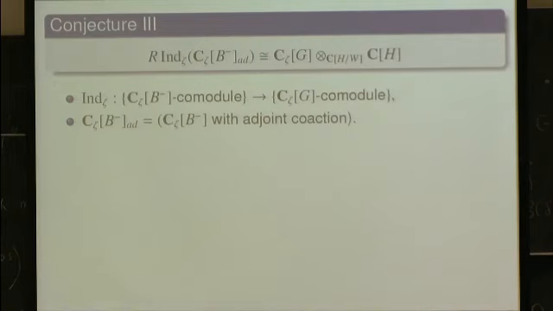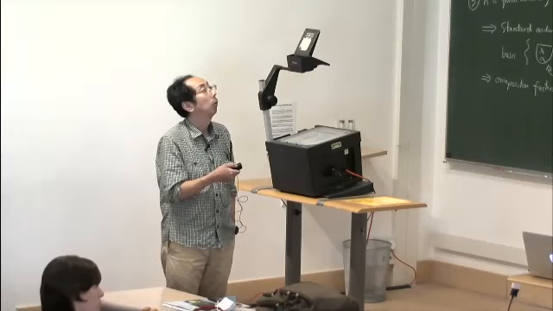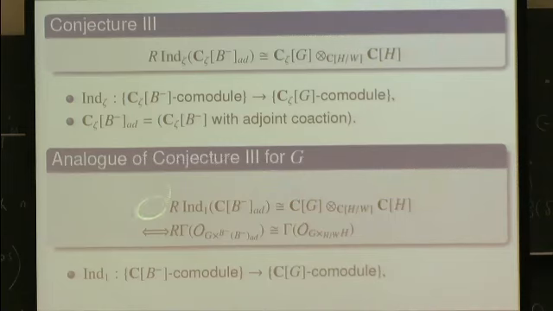But there is a version of this when zeta is equal to 1, the ordinary situation for G. So zeta is replaced by 1, and we have a similar statement. This statement is equivalent to this geometric statement about the global sections of this sheaf.